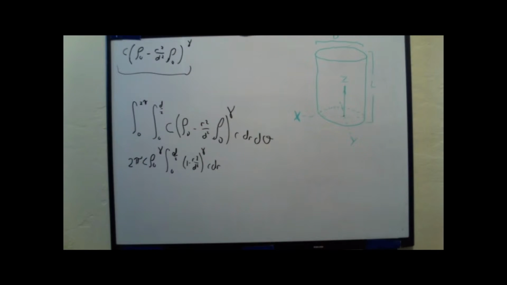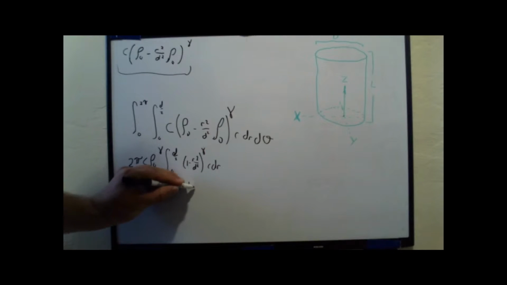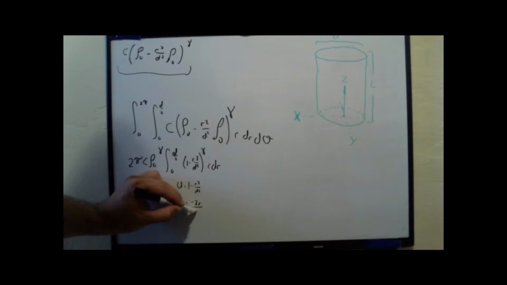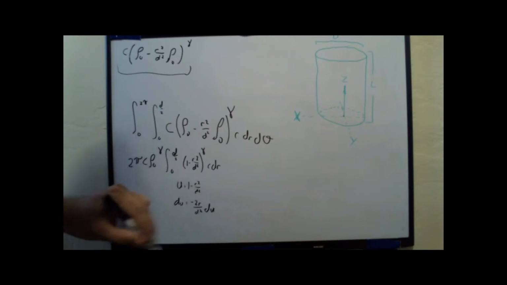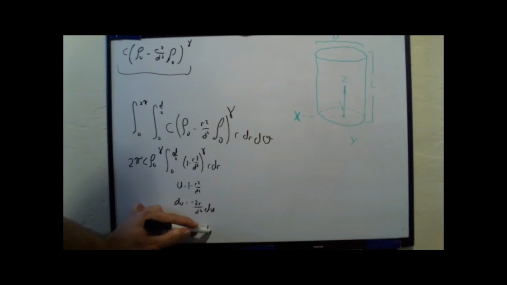Now, what can I do? This looks like a pretty nice u substitution to me. So I can say u equals 1 minus r squared over d squared, and I can say du equals negative 2 r over d squared dr, and that simplifies to negative d squared over 2 du equals r dr. And hey, that's great.